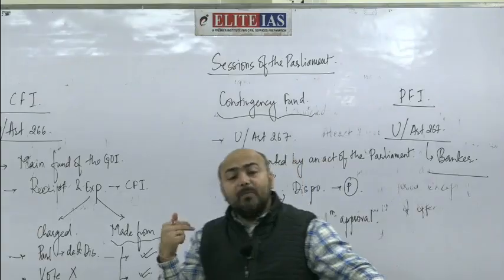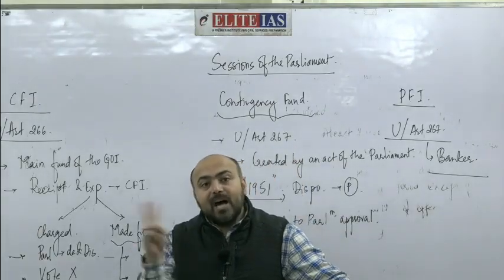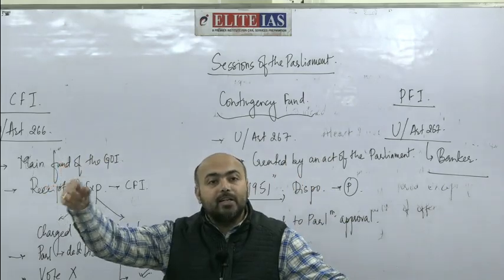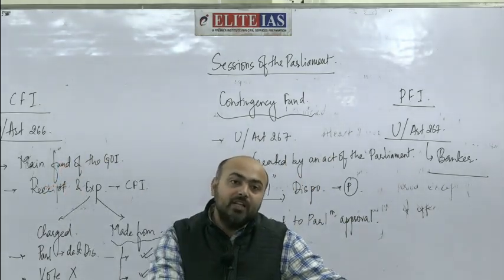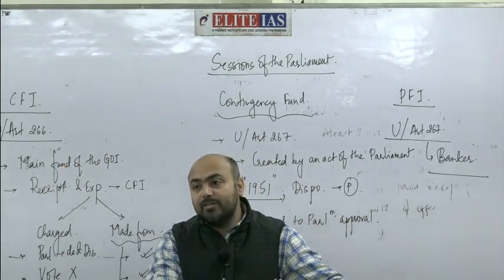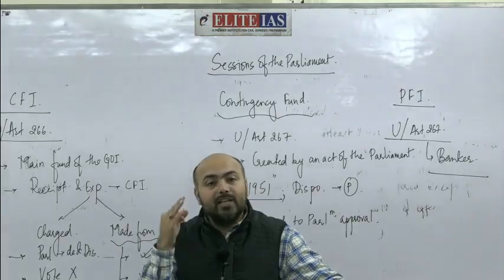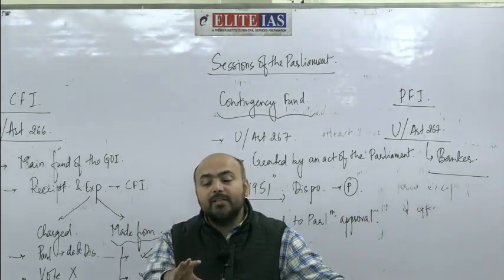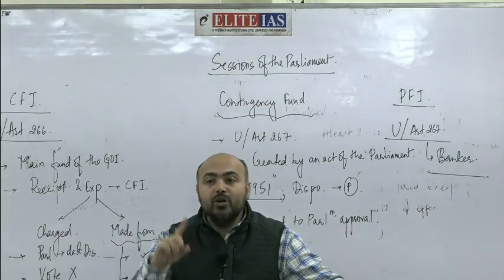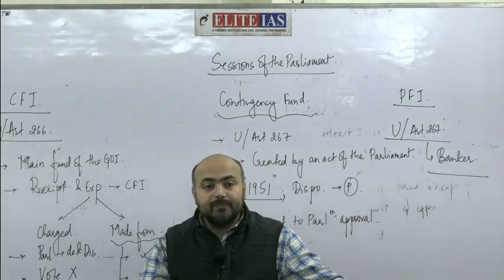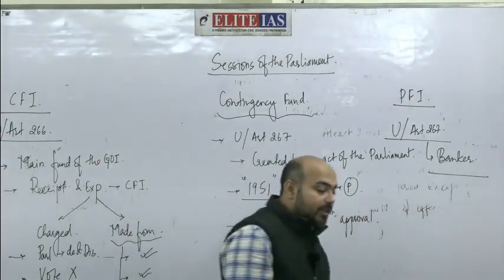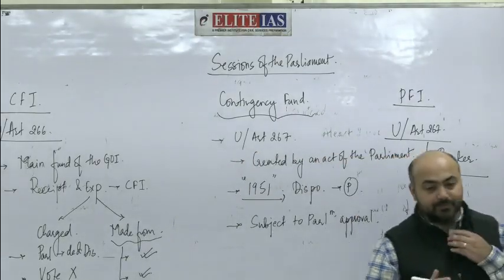Secondly, a bill that has been passed by both the houses and goes to the president for his assent will not lapse even if the Lok Sabha has dissolved. And third, if there is a deadlock and the president has called for a joint sitting, that bill will also not lapse.